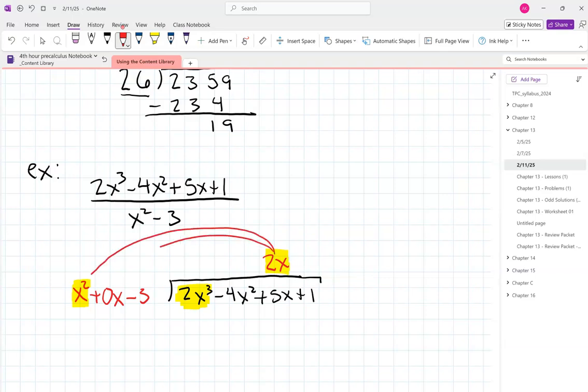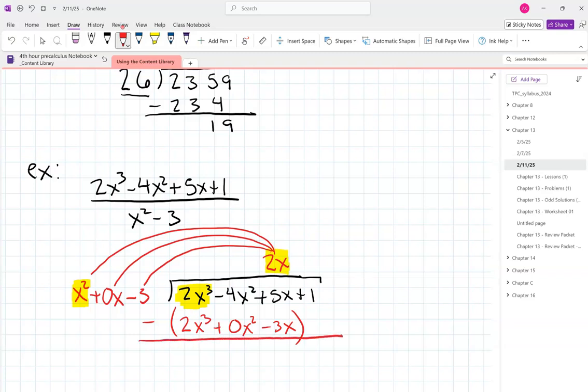And then we're going to multiply that 2x by the entire divisor and write the answer underneath. And because we've included that 0x term, when we do that, everything lines up nice for us, right? The x squareds are under the x squareds, or the x cubes are under the x cubes.